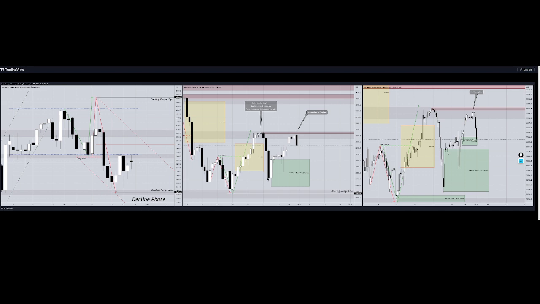Price drops down. The 4 hour did break in structure and went bullish, but you can see just by here how it's hit the resistance zone and now it's come back down.